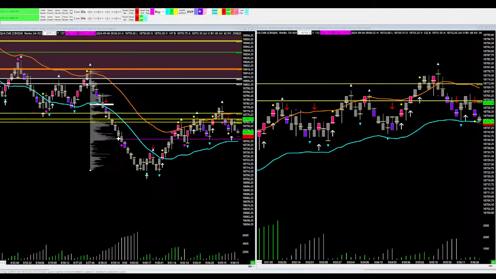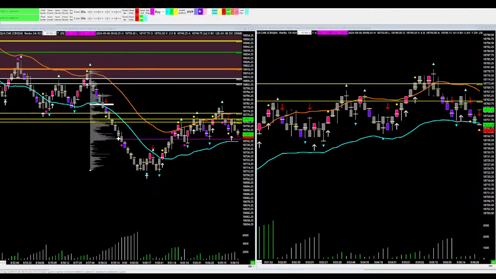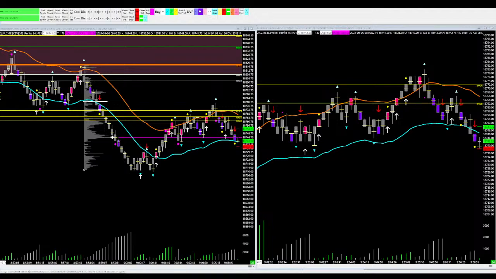Yeah, it's had some big extensions on it. My target on that would be to get to, now I have a prominent low volume node relative to everything else.